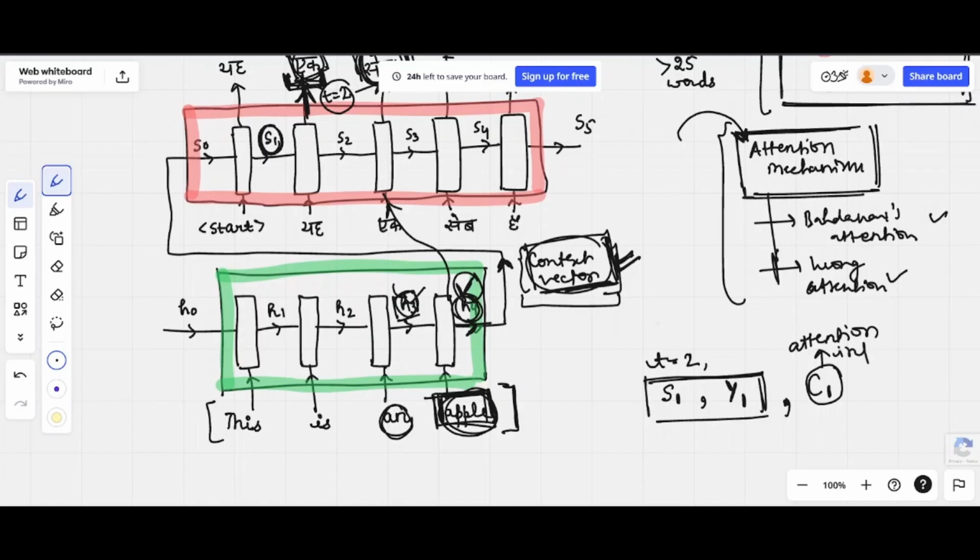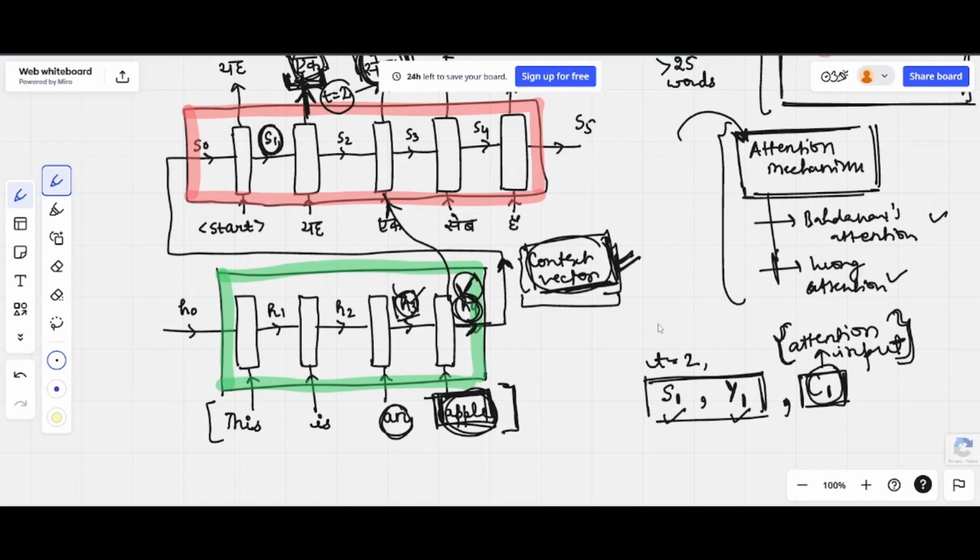So the first difference is that rather than providing the input word and the previous hidden state, we are providing an additional input, and that is attention input inside our decoder LSTM.